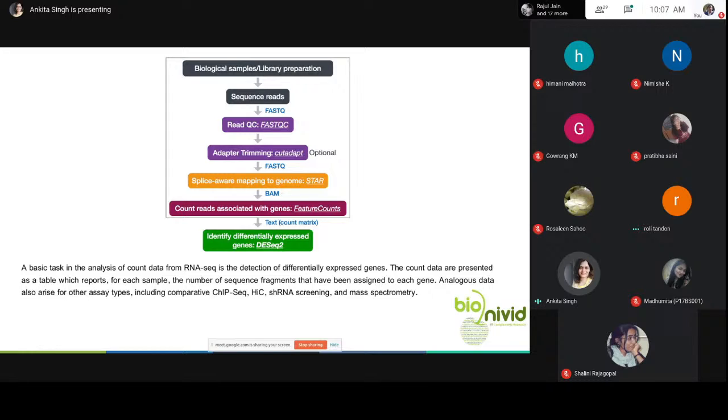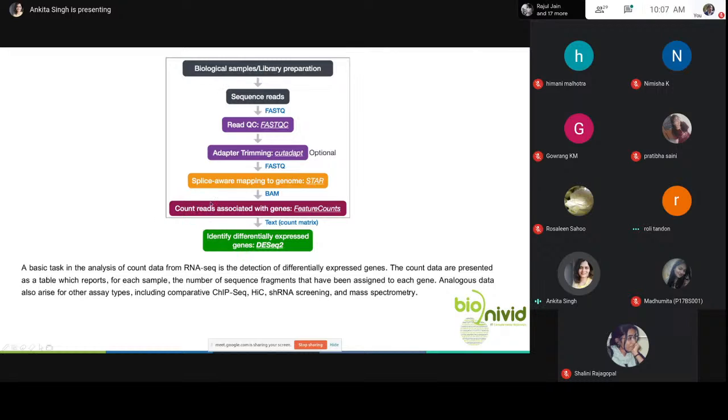The BAM file has all the information about the different genomic locations and how many reads have aligned to those particular genomic locations. And using a tool like HISAT, htseq-count, or in this case they have used featureCounts, they extract the number of reads aligned to a particular genomic location, and in this way we get the count data.